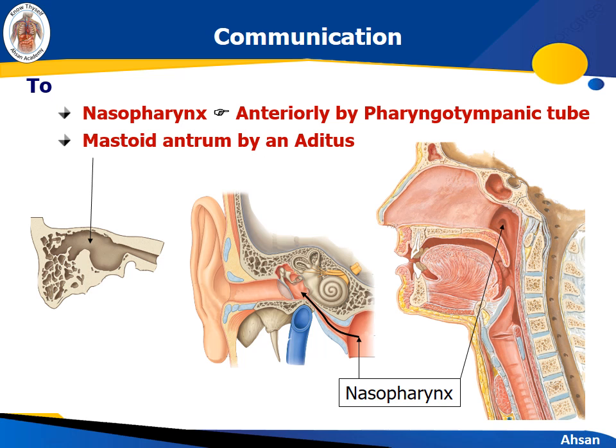This is an important area clinically, because any infection or pus collection in the middle ear can take its position in the epitympanic recess, and if the amount increases, the pus can go into the mastoid antrum through the aditus and occupy positions in the air cells. So that becomes difficult for the doctors to clean up.